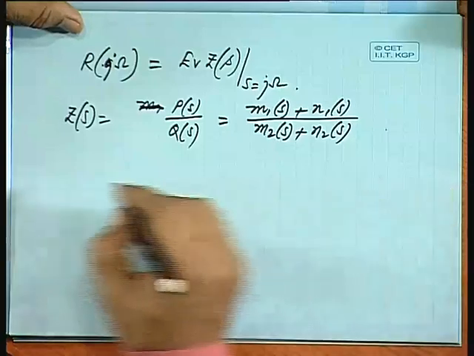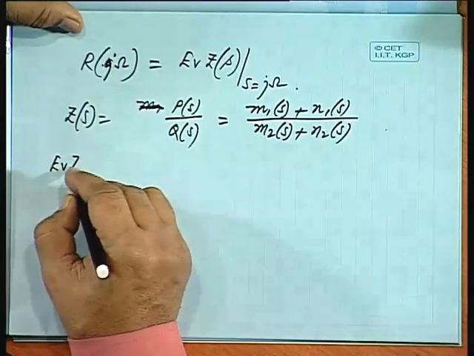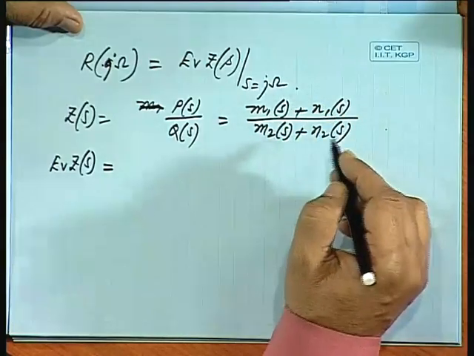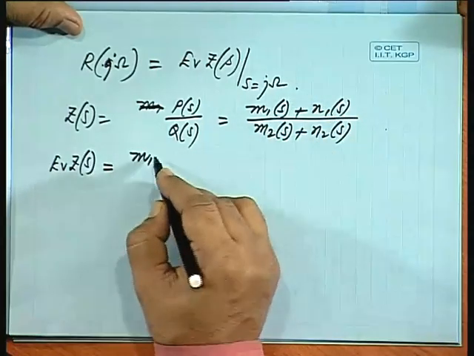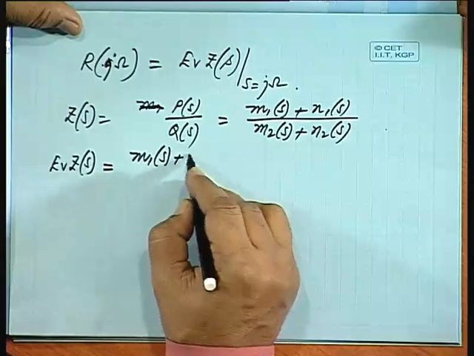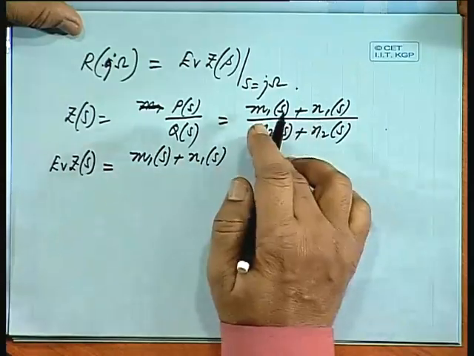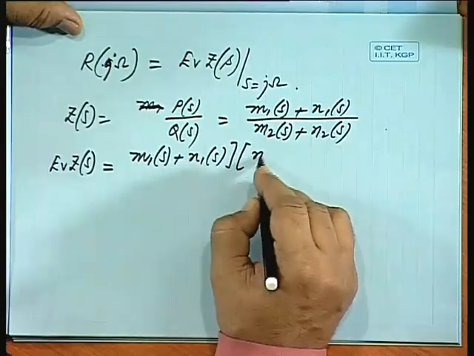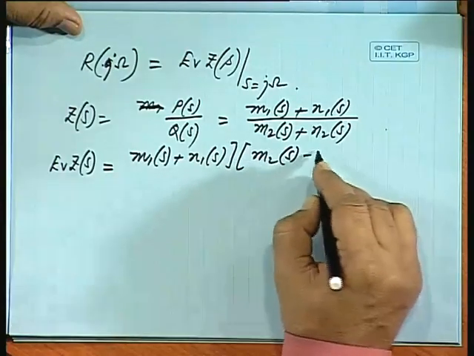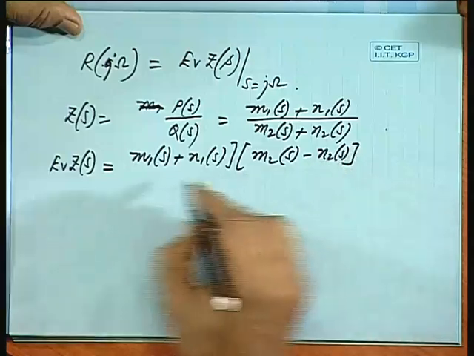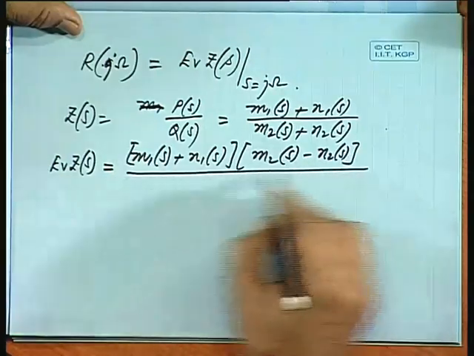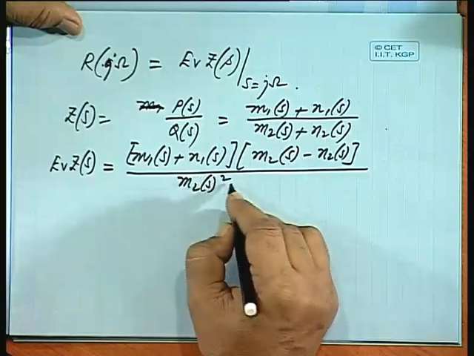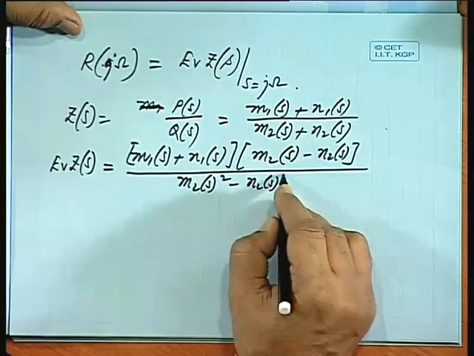Okay. So, even Z(s) will be the even part of this, which can be written as M1 plus N1 over M2 plus N2. If I multiply by M2 minus N2, then the denominator will be M2 squared minus N2 squared.